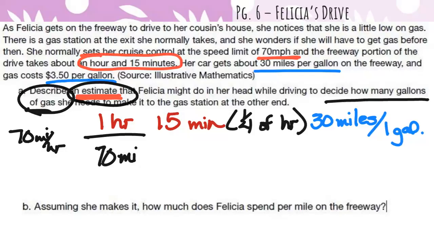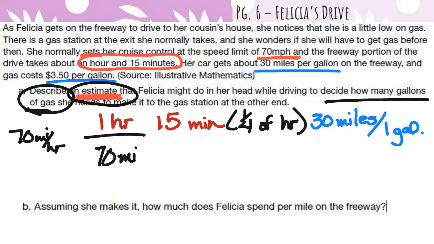Now, 70 divided by 4, if she's doing this in her head, is that something she can do pretty easily? No. So we're not going to use 70. She's trying to do this in her head. What is close to 70 that is also divisible by 4? 80, right?